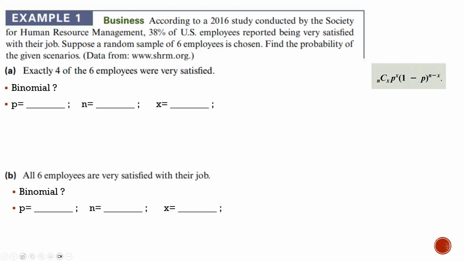All right. So I randomly pick 6 employees, and we want to find out the probability that exactly 4 were satisfied. Is this an example of a binomial experiment?